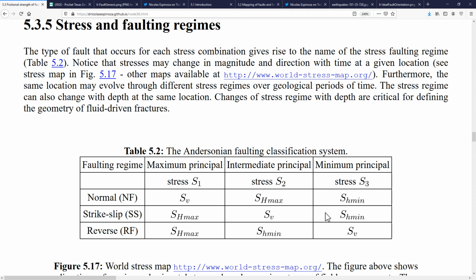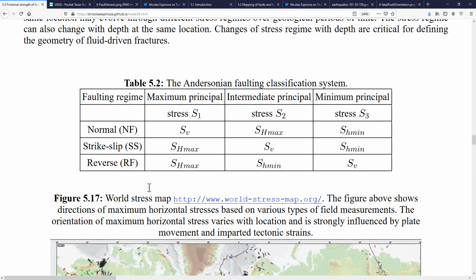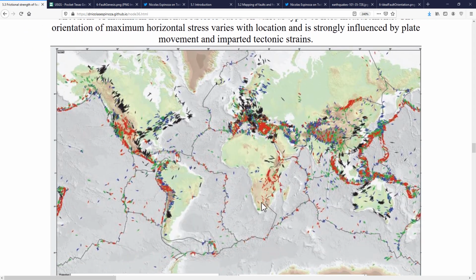And the classification of faults is what allows me to call stress regimes in different parts of the world as a normal, strike-slip, or reverse. And this stress classification is very important because it not only allows me to understand what is going to be the relative movement of faults at given places around the world, but also what is going to be the geometry, for example, of hydraulic fractures.